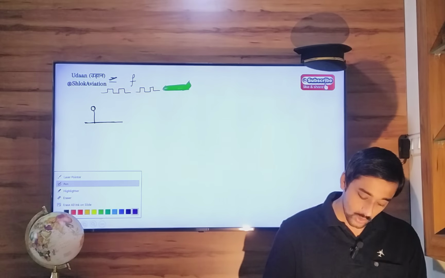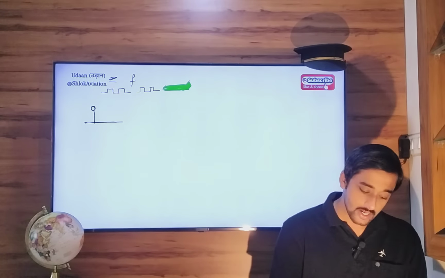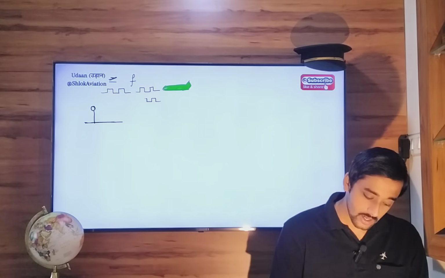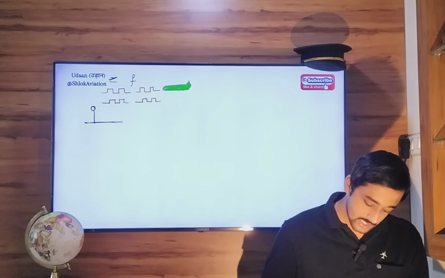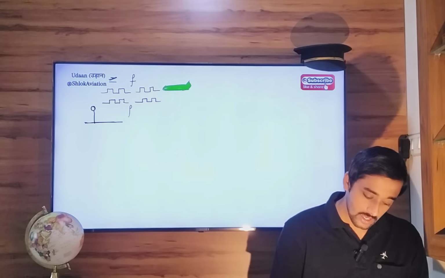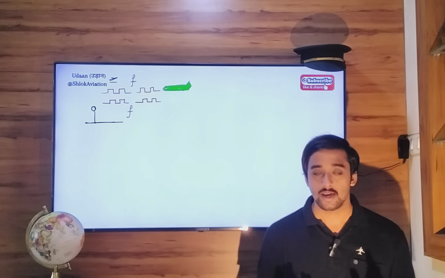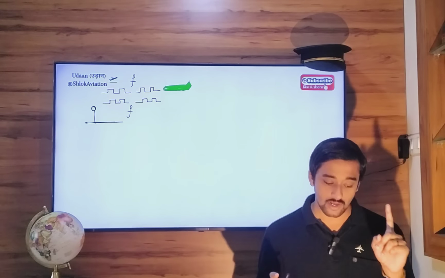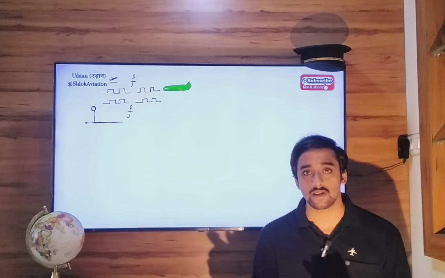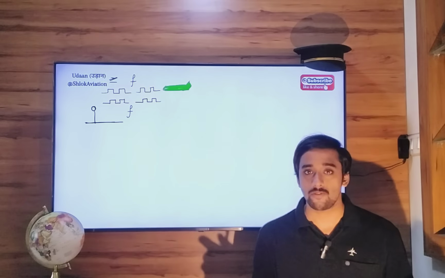These radio pulses will strike this aircraft and return to this radar on the ground at the same frequency f. That means a primary radar uses one frequency throughout its operation, so the transmitting frequency equals the reception frequency.